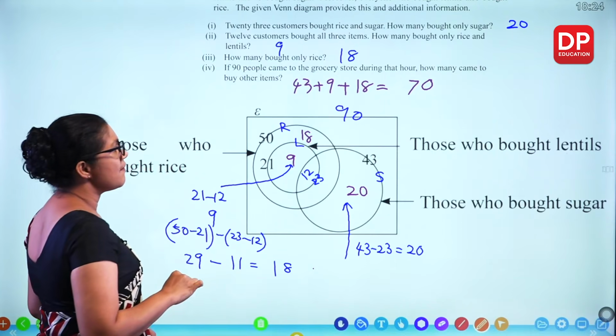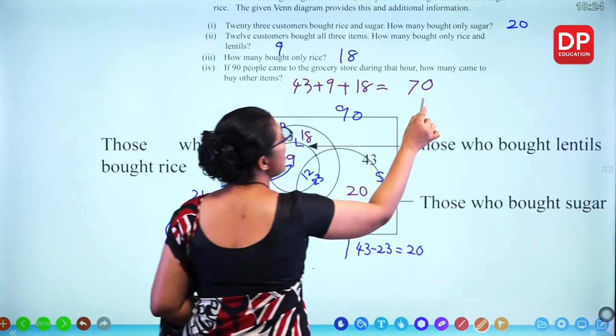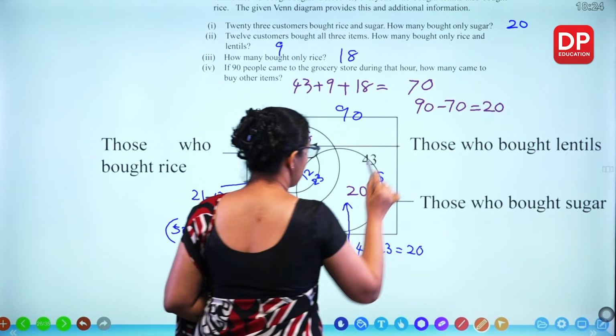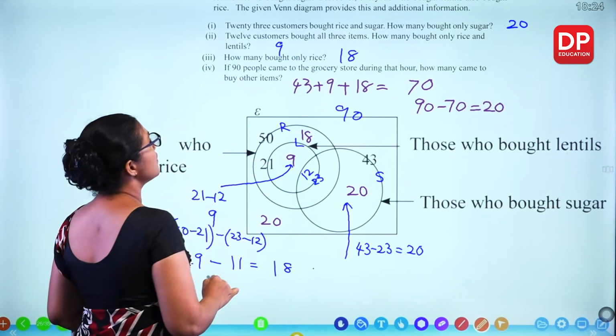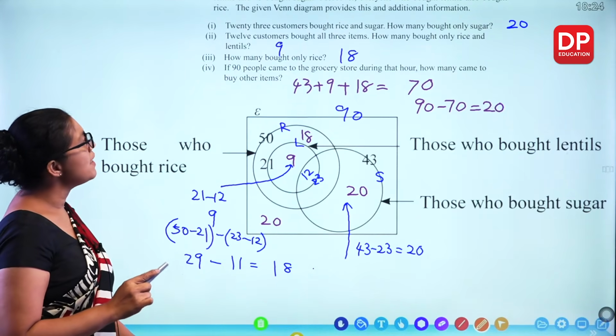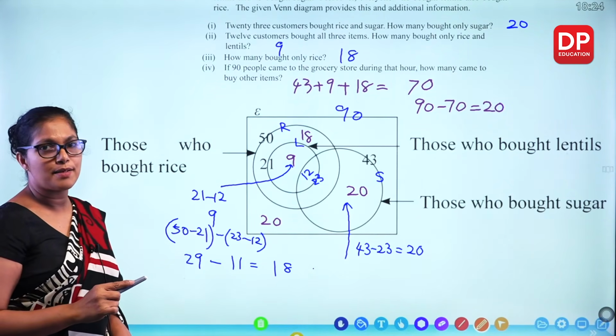So altogether 70. So 90 minus 70, you get 20. That's the outside value. So that's the answer for how many came to buy other items.